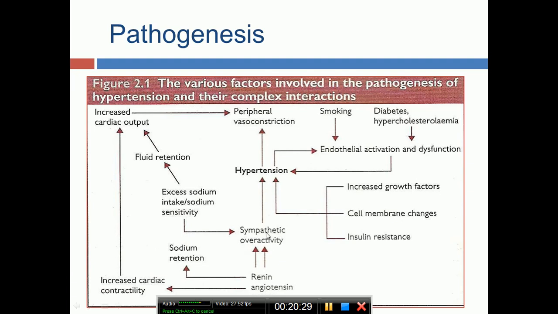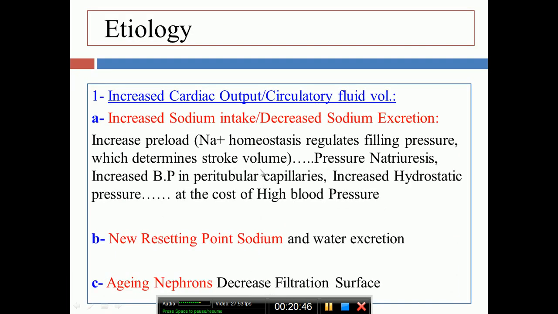But how can sympathetic overactivity occur? This can occur due to the renin-angiotensin system, sodium retention, excessive sodium intake. These always increase cardiac output and contribute to hypertension.